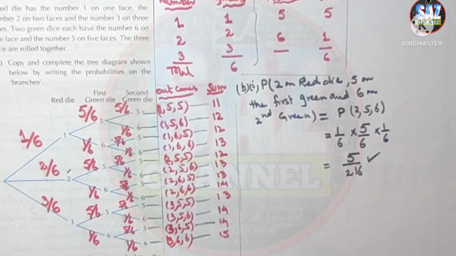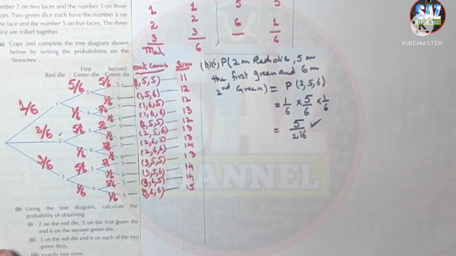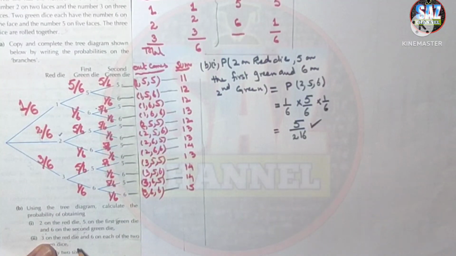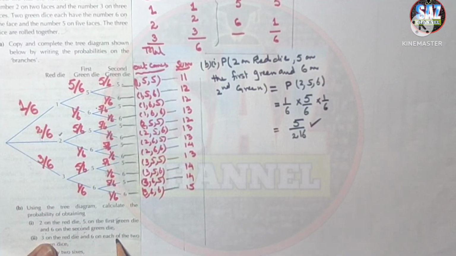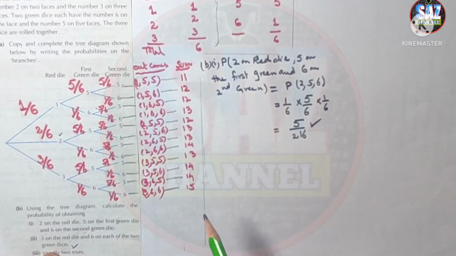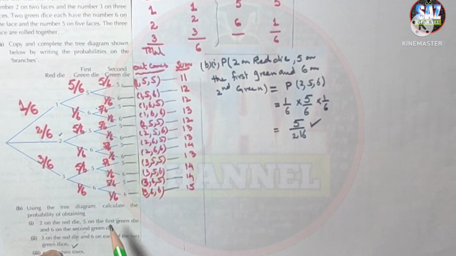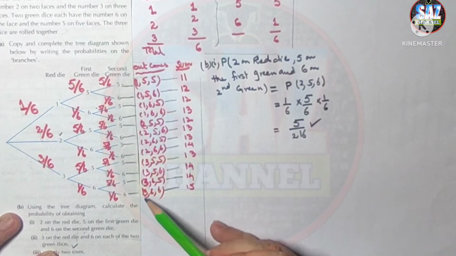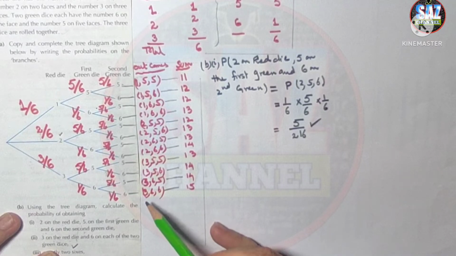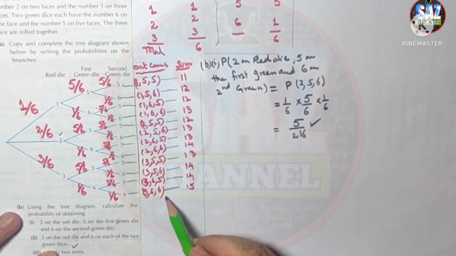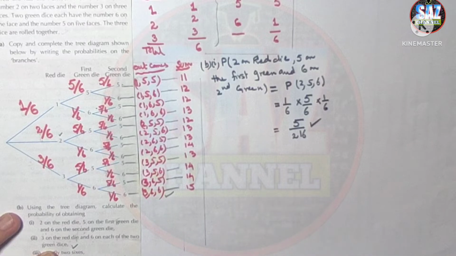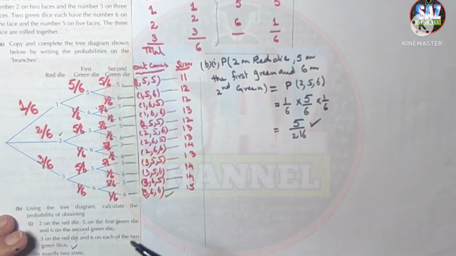And moving to the second part, the second part says 3 on the red and 6 on each of the 2 green dice. So from the red dice we need 3, and from both of the green dice we need 6. This is the situation that we will be having.